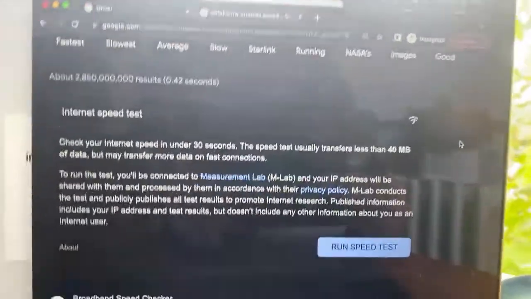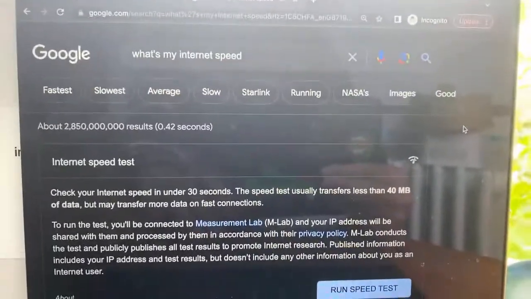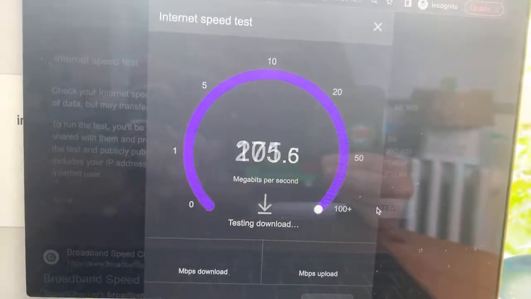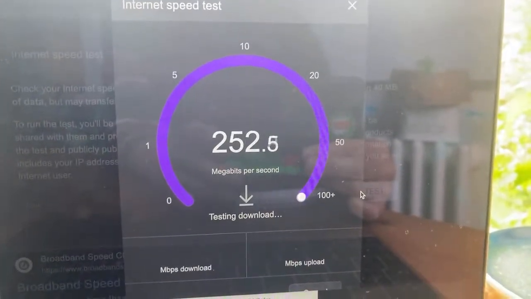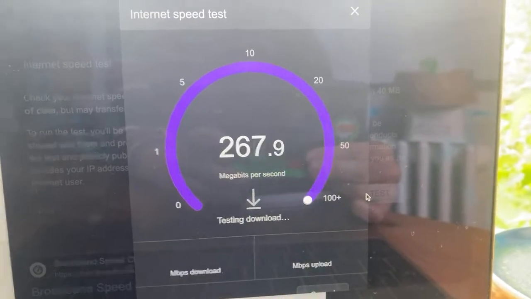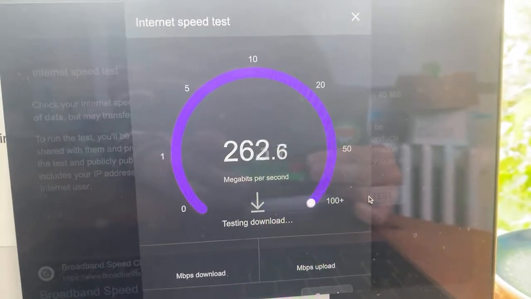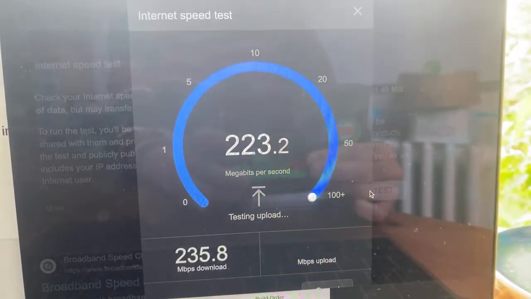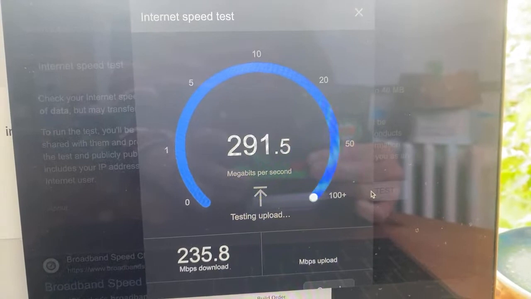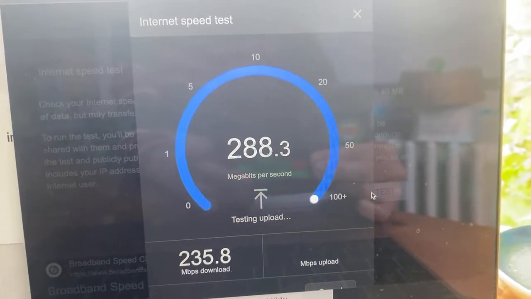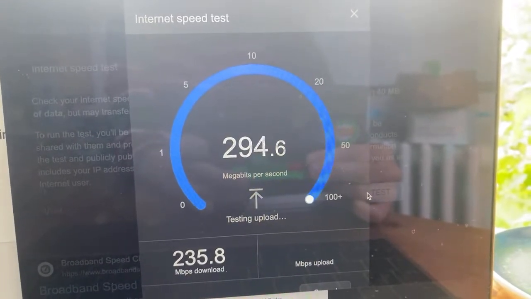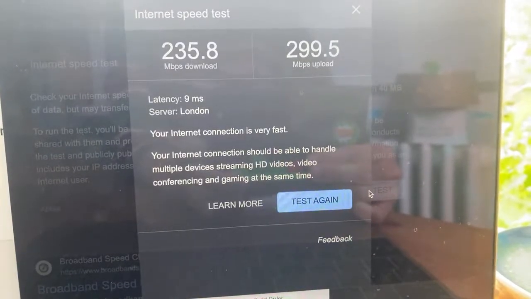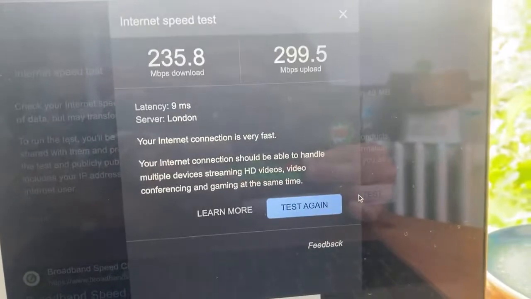I will run my speed test now. And there we go. So there's the megabits per second. First of all, it's testing the speed that it can download things. Now it's testing the upload. There we go. Your internet connection is very fast.